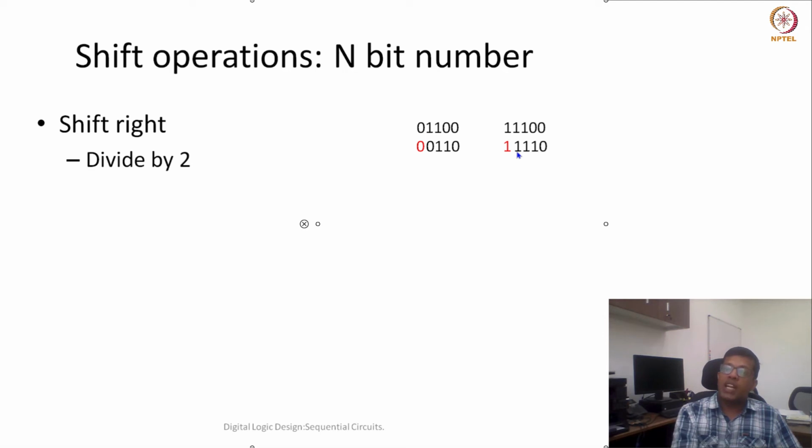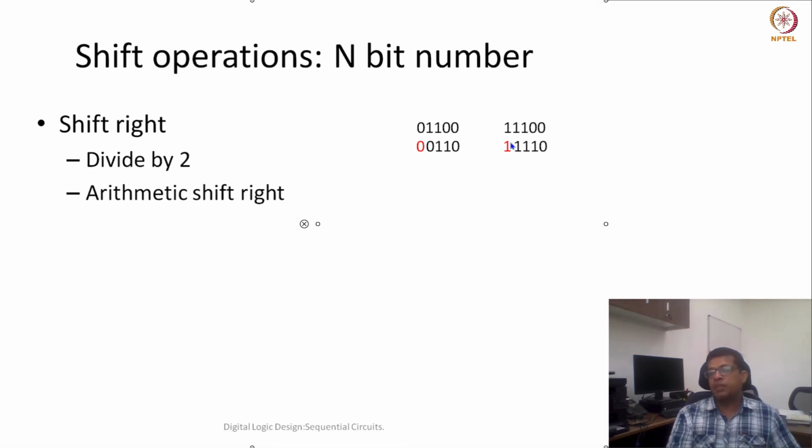Whenever the number is signed, then whatever is the most significant bit, that should be kept here. This particular method of shifting is called arithmetic shift right. Arithmetic shift right means I am assuming this number is in 2's complement form.